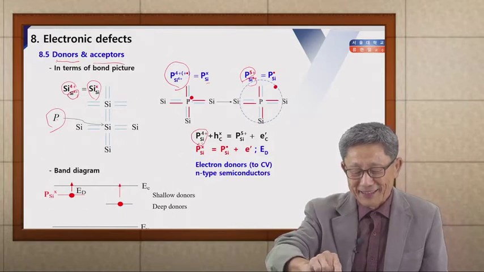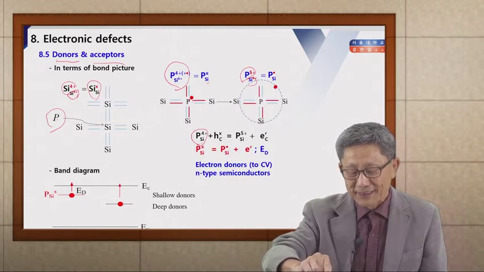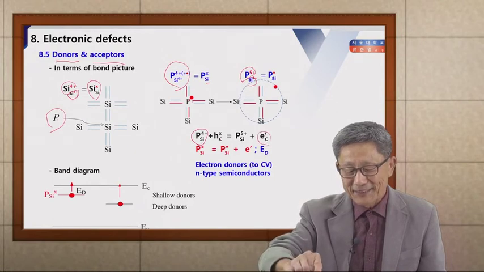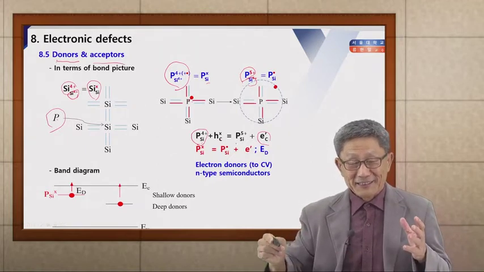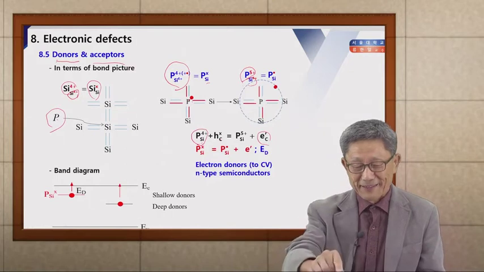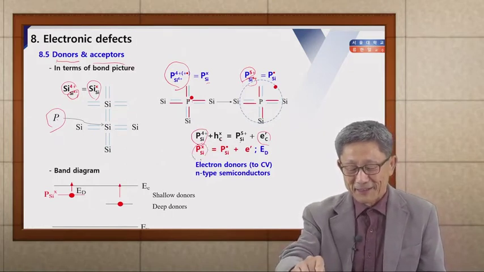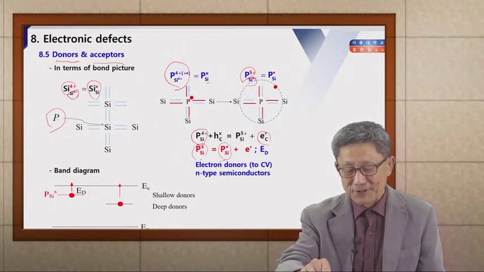Okay, now 1 electron jumps up to the conduction band to make 1 electron here. By doing that, this phosphorus ion becomes pentavalent. Okay, what about the effective charges? This is neutral, but a pentavalent phosphorus ion sitting on the tetravalent silicon site makes it effectively positively charged by 1 unit.